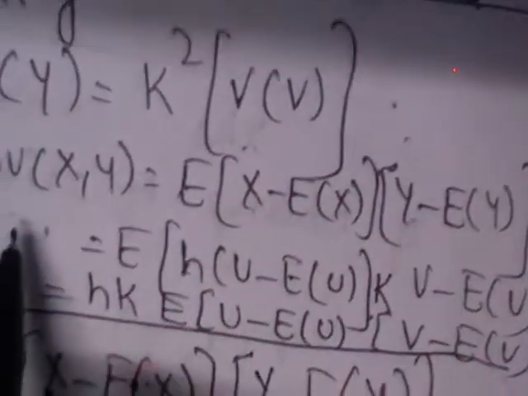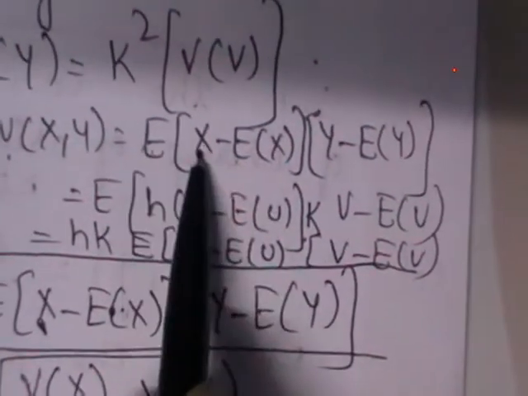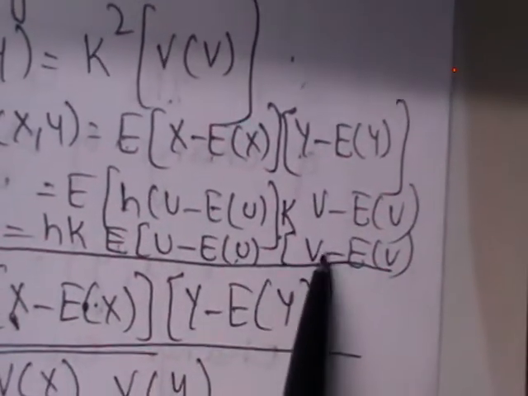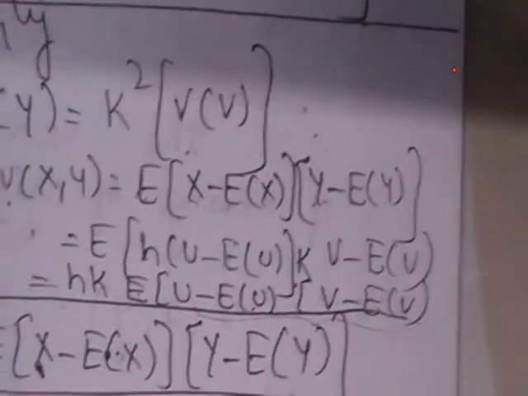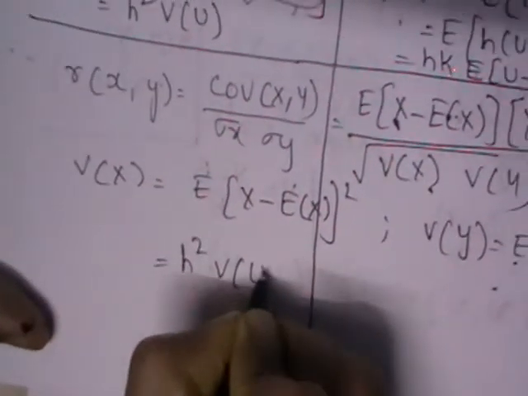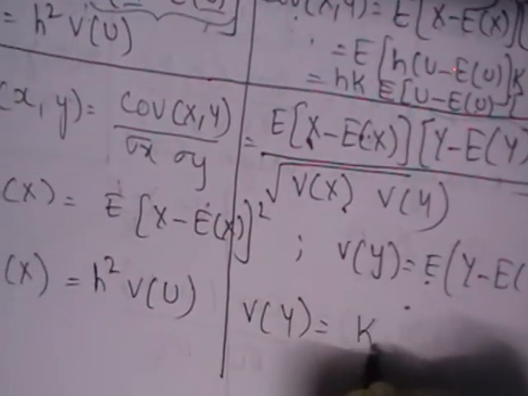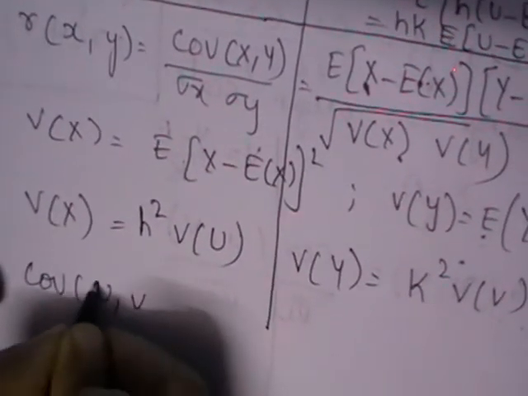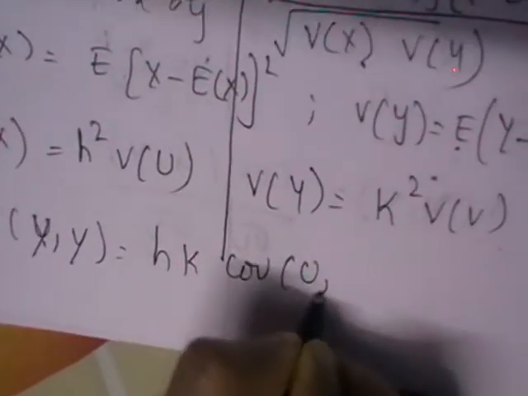Again, compare these two: this can be replaced with covariance of u comma v. So variance of x is h square into variance of u, variance of y is k square into variance of v, and covariance of x comma y is hk into covariance of u comma v.